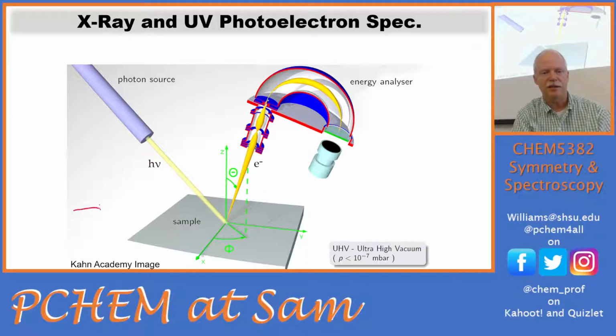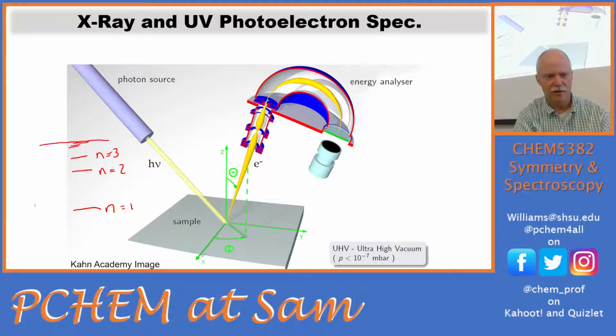So let's just use our quantum numbers. N equals 1, N equals 2, N equals 3. And they get closer and closer together until there's an ionization limit. And so let's call this atom, and up here is atom plus.